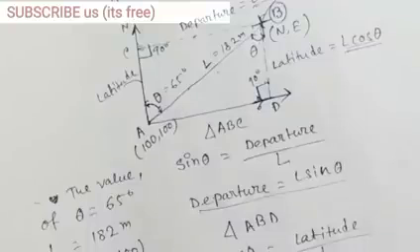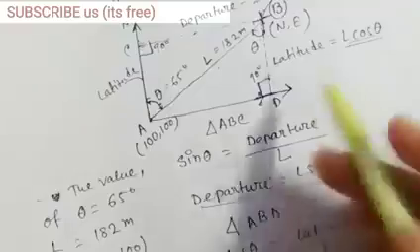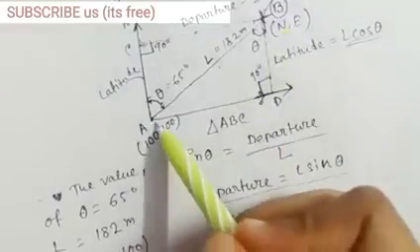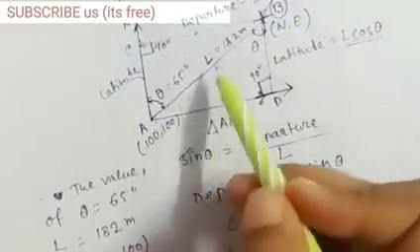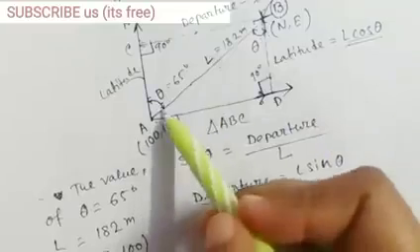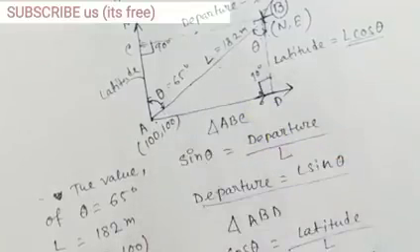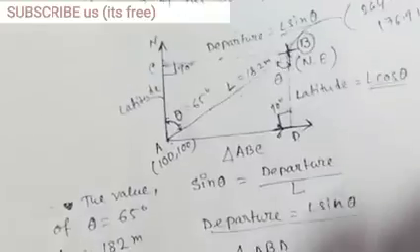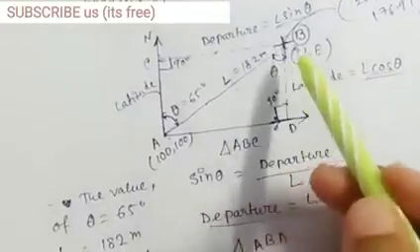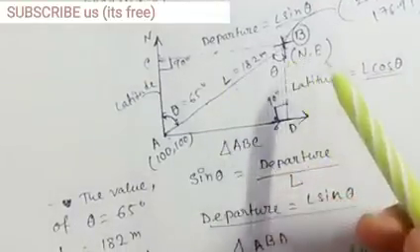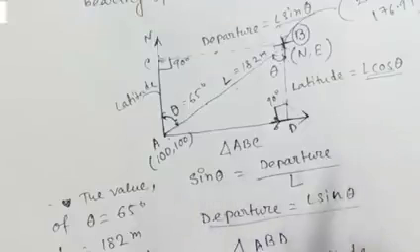So in this method we can find out the coordinate of an unknown station with the help of a known coordinate station and the bearing and length. Hope you understand how I am finding this coordinate. Thank you.